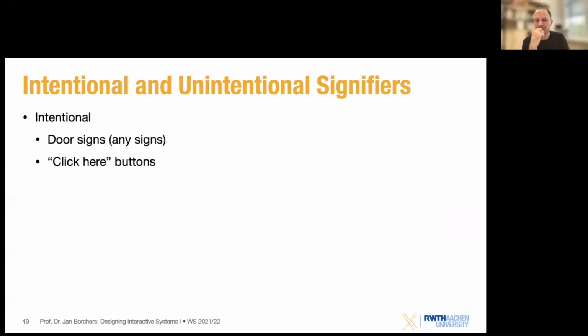Question regarding the button example, but I think it's already answered on this slide here, because you mentioned affordance regarding the button, that the human being can already detect that a button has the affordance of being pushed. But I wanted to ask, if I were to add a description such as, for instance, click here or upload or whatever, that is considered to be the signifier.